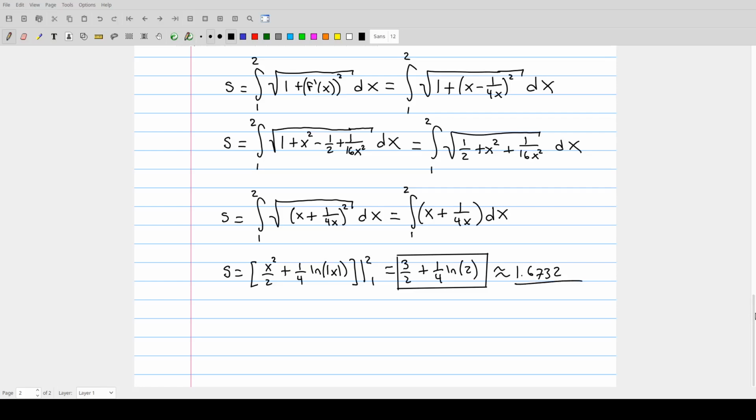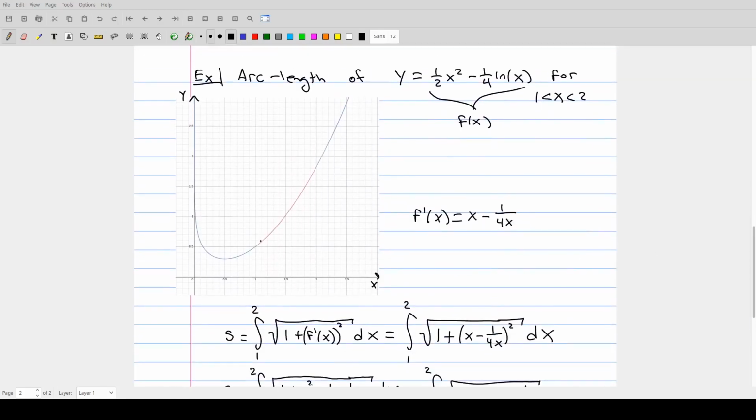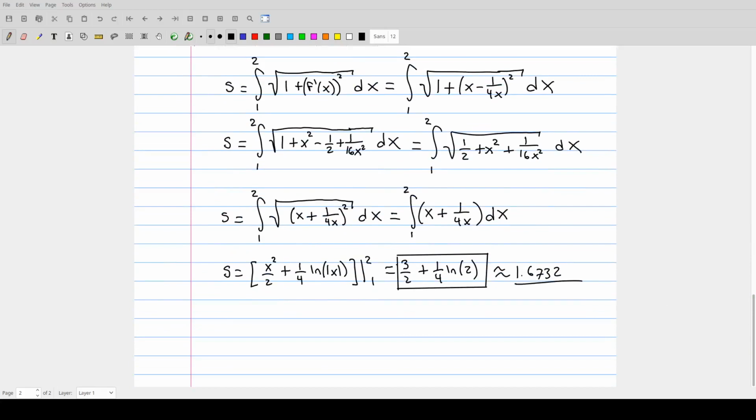So the arc length of this red section right here, if you were measuring in meters, the exact value of this distance is 3/2 plus 1/4 ln of 2, which is approximately equal to 1.6732 meters.